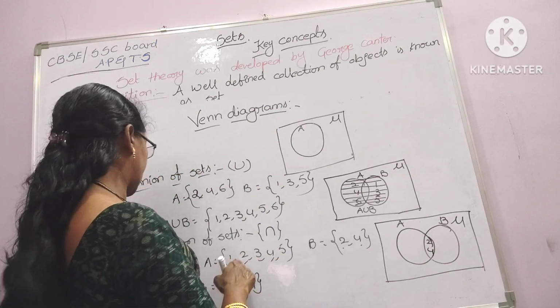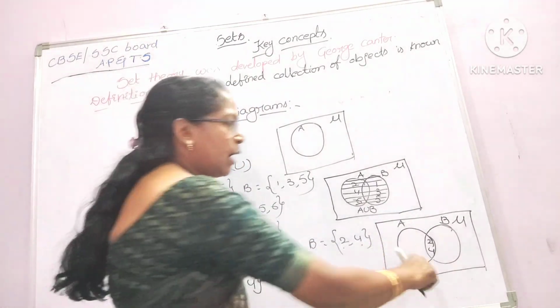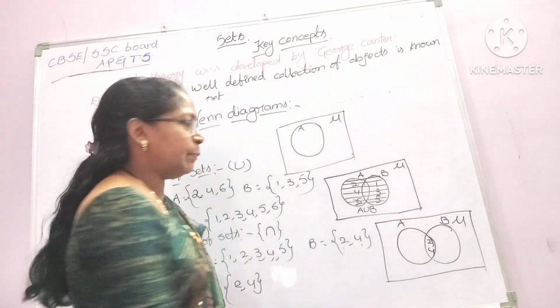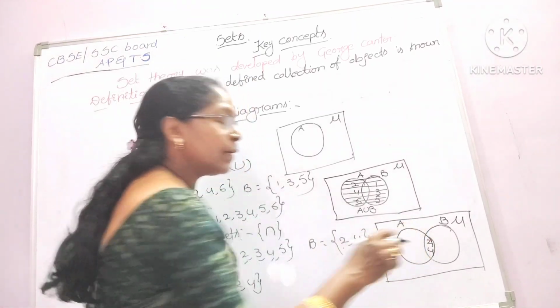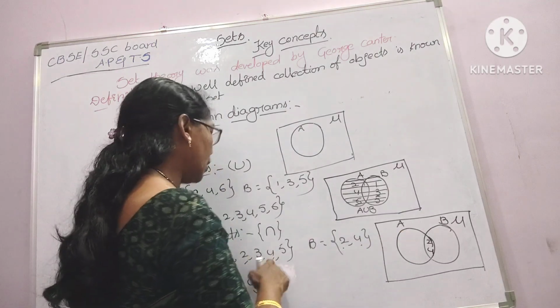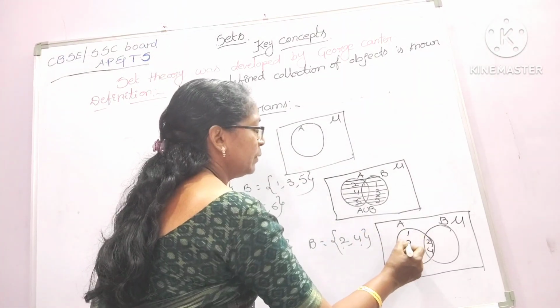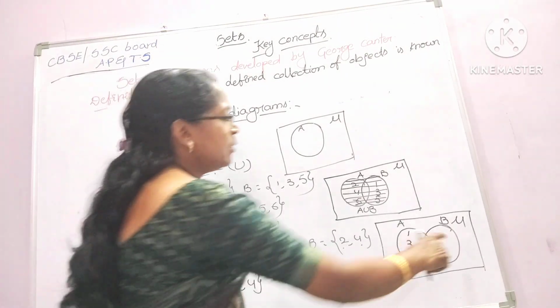The first circle belongs to set A and the second circle belongs to set B. In the first circle, 2 and 4 are in the common part, and the remaining elements, 1, 3, 5, you represent here. In the B set, no other element is there, so leave it.